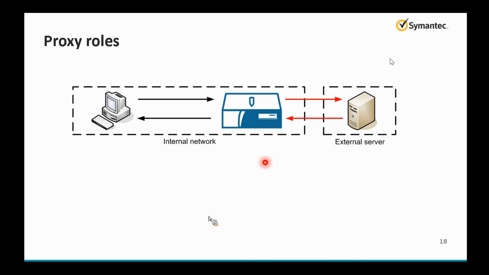Like, for example, as an employee, you can have multiple roles. So maybe you are a network guy as one part of your role, and a part of your role, you can also be a security guy, network security guy. So you have two roles, right? You have a network role, and then you have a security role as part of your job description. Now, the proxy also has multiple roles.